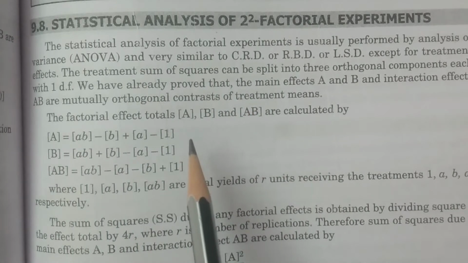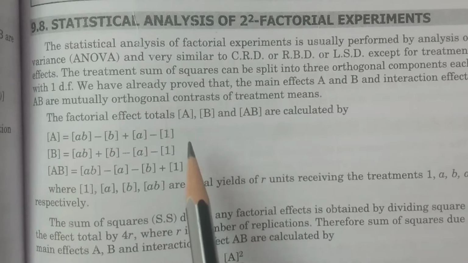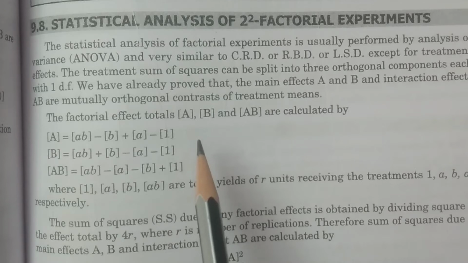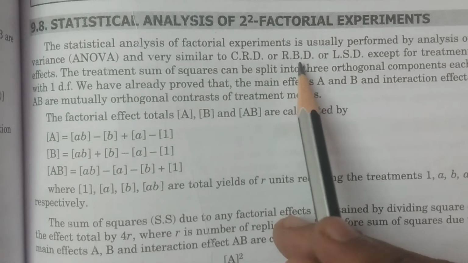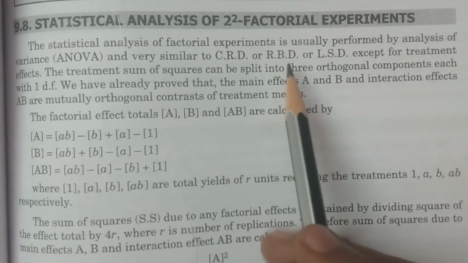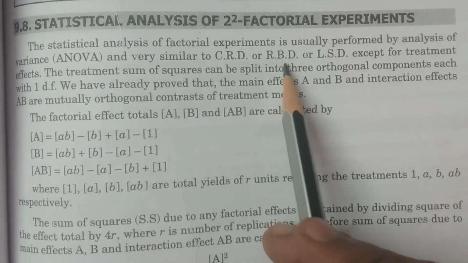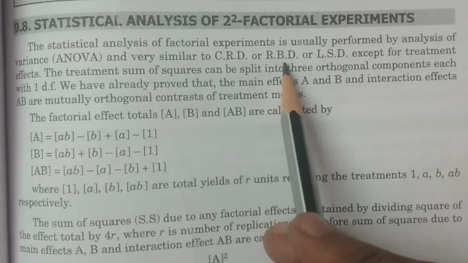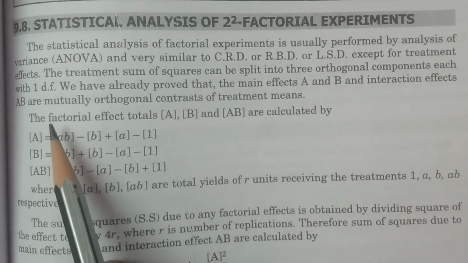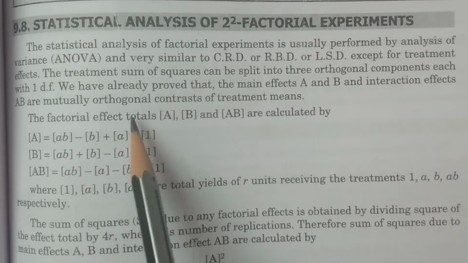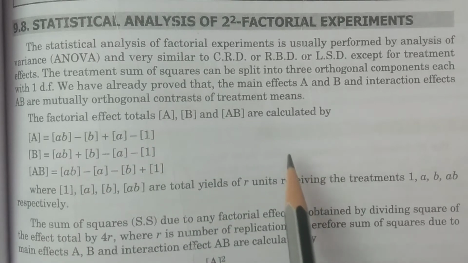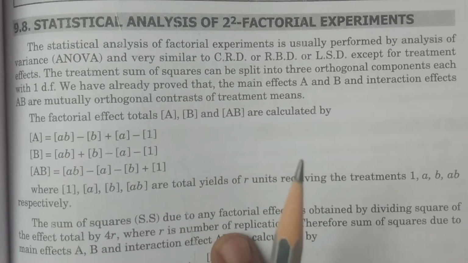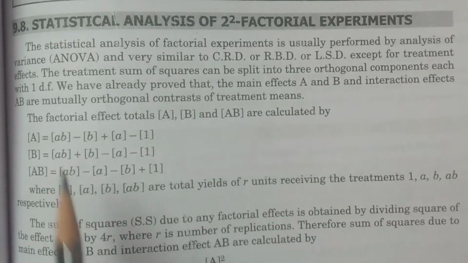is very similar to the CRD or RBD or LSD. Usually we conduct it by using the randomized block design, RBD. That is what we use in general. Except for the treatment effects, the treatment sum of squares is going to be split into three orthogonal components, each component with 1 degree of freedom.